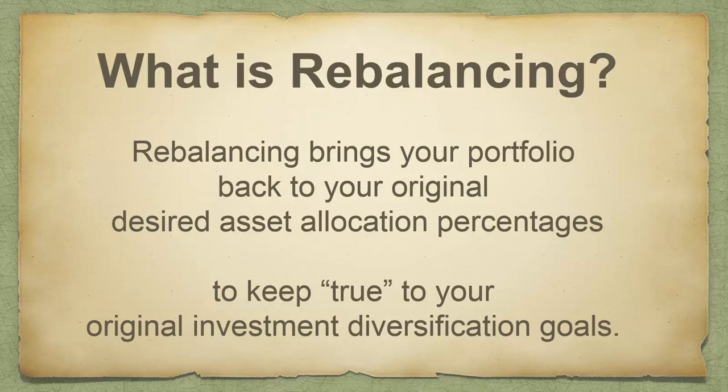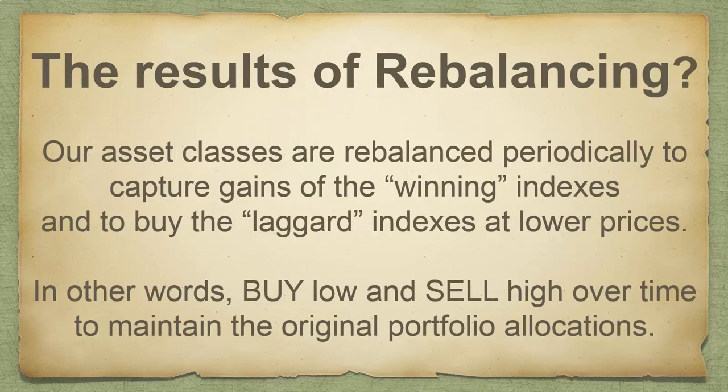So what is rebalancing? Rebalancing brings your portfolio back to your original desired asset allocation percentages to keep true to your original investment diversification goals. So what are the results of rebalancing? Well, our asset classes are rebalanced periodically to capture gains of the winning indexes and to buy the laggard indexes at lower prices.